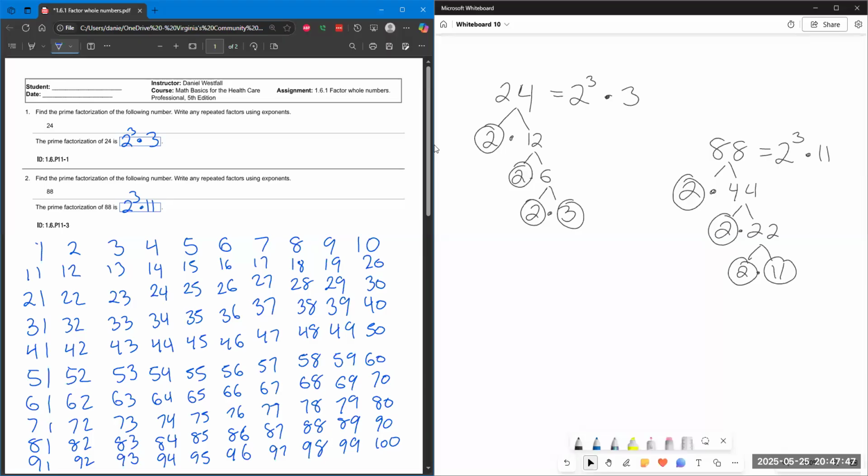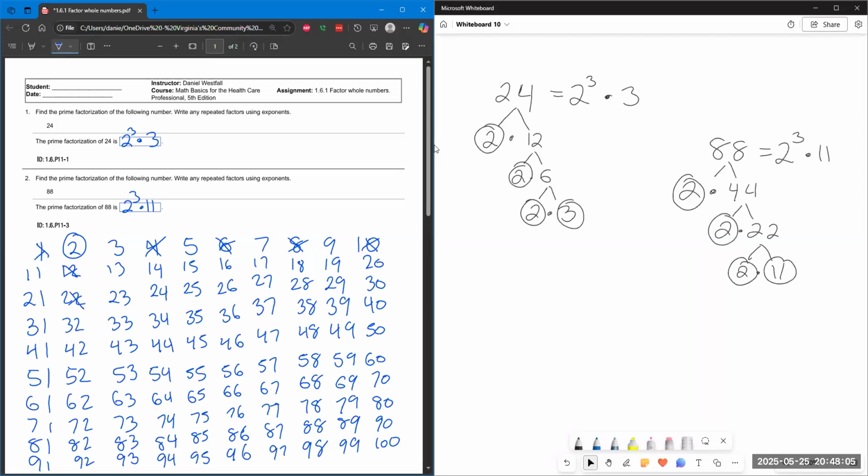All right, I already told you by definition, 2 is the first prime number. So we're going to cross out every other number because that will be a multiple of 2. So 4, 6, 8, 10, 12, and so on.